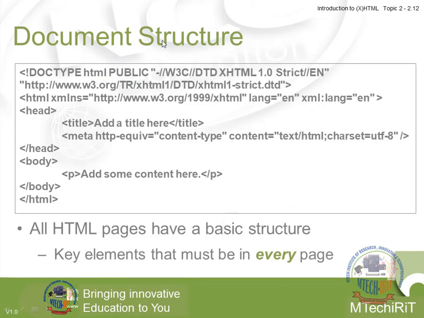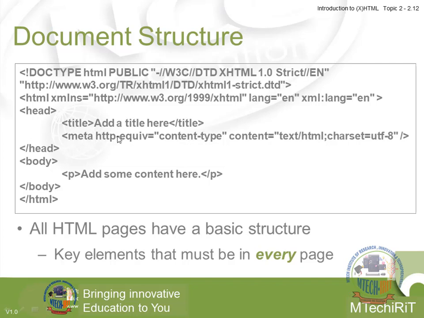Now look at document structure. Here we see the doctype, public. As you can see, the XML version 1.0, also with strict English. This is the structure of a normal HTML. We have the head, the title, which is displayed on top of the page.